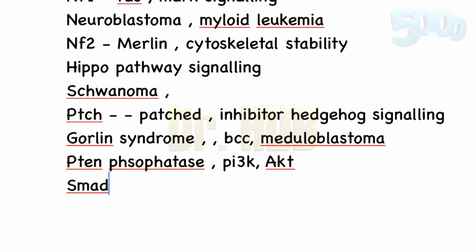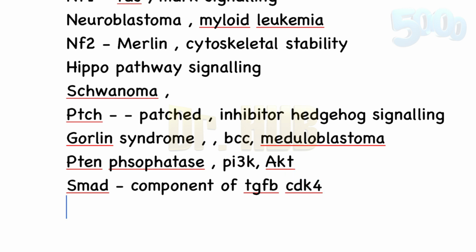The protein is the same, and they are components of the TGF-beta signaling pathway, and also the CDK4 suppression induces the CDK inhibitor expression. Then you have the juvenile polyposis.